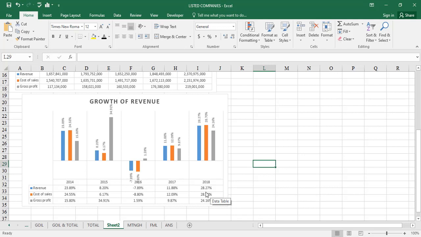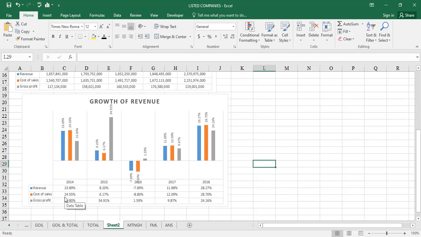Now looking at the revenue trend and that of the cost of sales, you realize that as revenue increases, the rate at which the revenue has been increasing is not so different from the rate at which the cost of sales has been increasing. So the cost of sales has been chasing the revenue throughout the periods that we have reviewed.